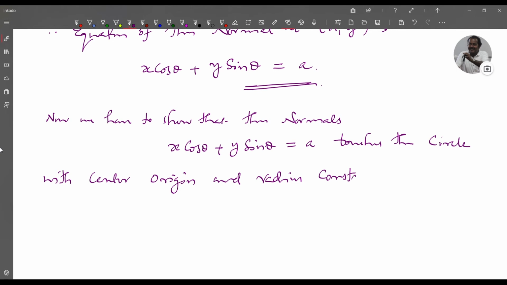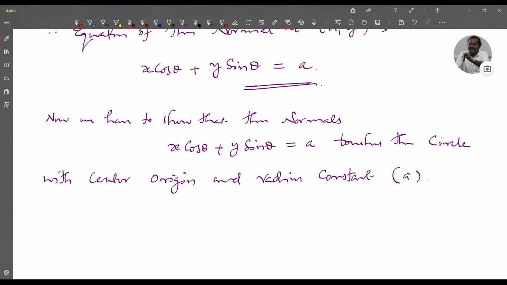And this constant will be a here. So it is enough to show that the perpendicular distance of the line x cos theta plus y sin theta equal to a from origin is a, or is a constant.